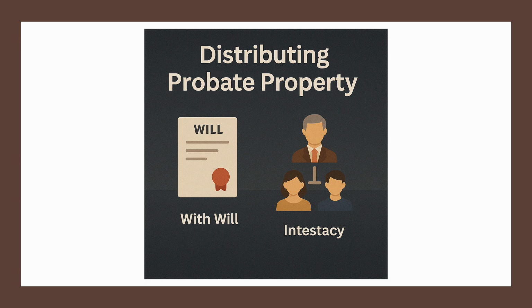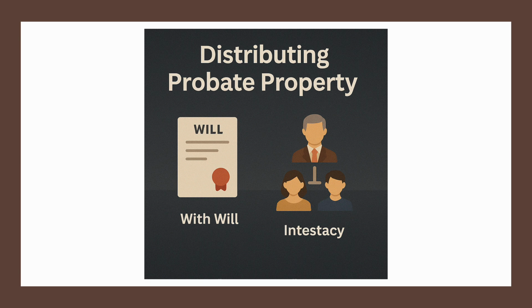Intestacy rules are state statutes that help us determine who receives the property in the absence of a will. If a person dies intestate, meaning without a valid will, these state's default laws step in. These intestacy statutes prioritize close relatives like spouses, children, and parents, often in that order.